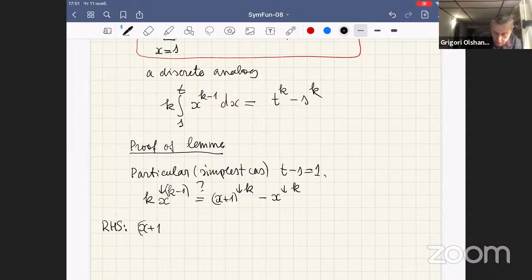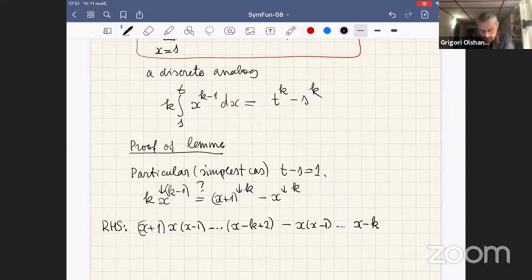We take the product x, x minus 1, and so on, and subtract x minus 1, and so on. Is it correct?